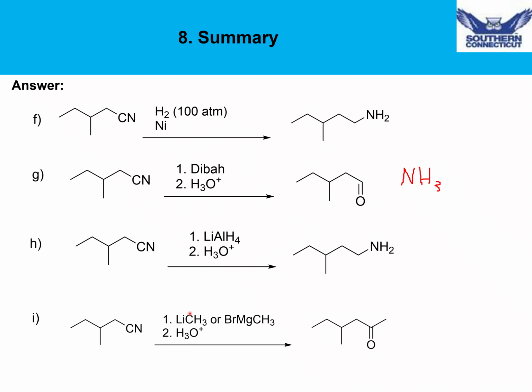So in this case, we're adding a methyl group. And then the carbon to nitrogen triple bond will eventually be converted into a ketone as shown in the product. Notice the ketone has a methyl group on the right side. The left side is the same carbon chain that we see with the nitrile. Note that the carbon here that is part of the nitrile will be the carbon that is part of the ketone in the product.